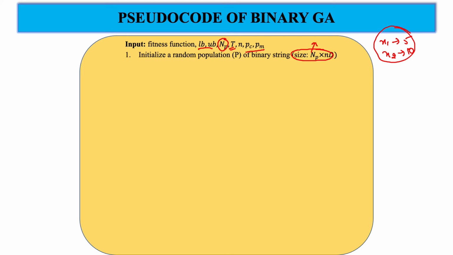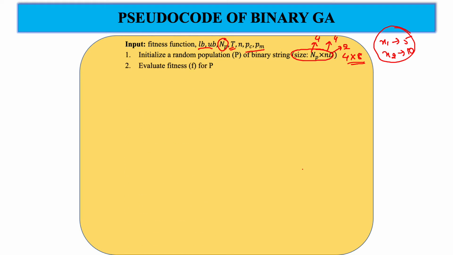As an example we were taking 4, then bit size was 4 and our decision variables were 2, so it was a 4 by 8 matrix. Okay, so that's how you are going to initialize your population.